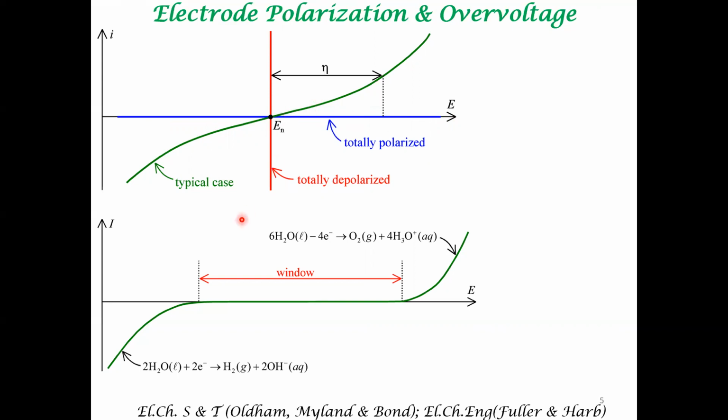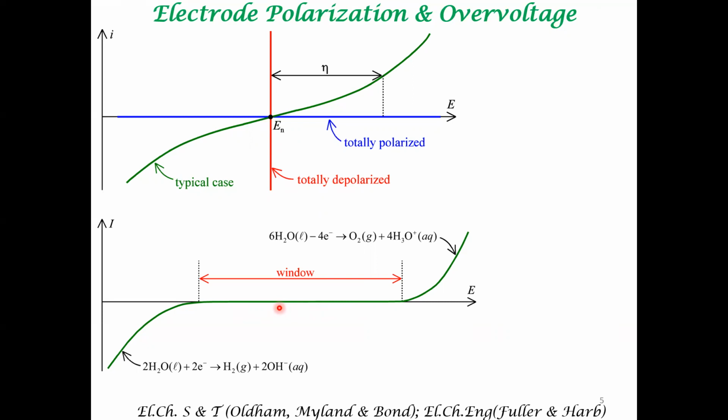So when you ask the question, where does the energy go when you are in this regime, that is, there is no Faraday current. What do you mean by Faraday current? There is no electron transfer.